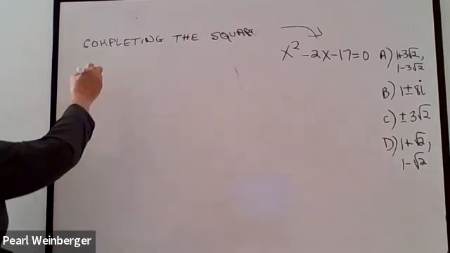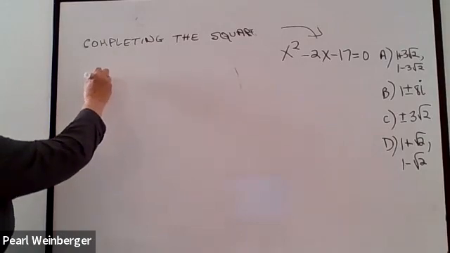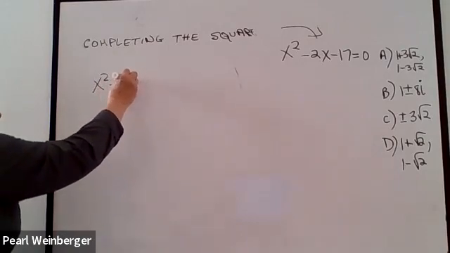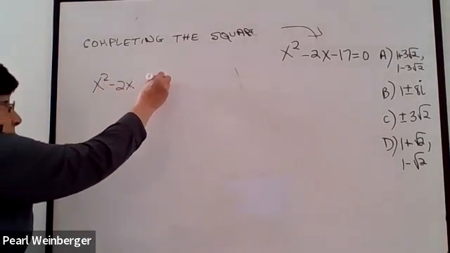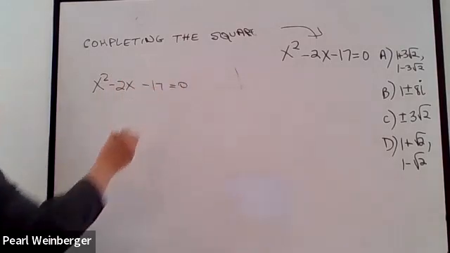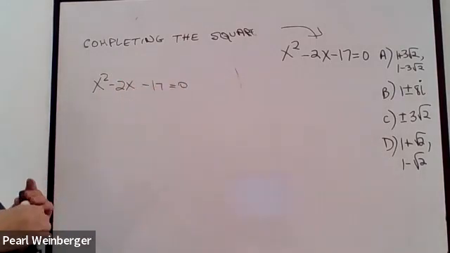Okay, so what we have here is x squared minus 2x minus 17 equals 0. And we want to use this completing the square method.